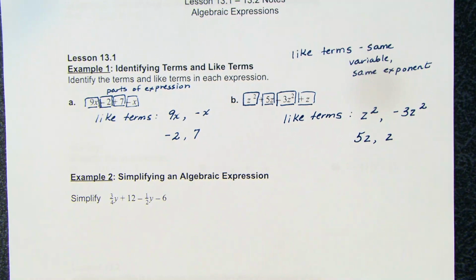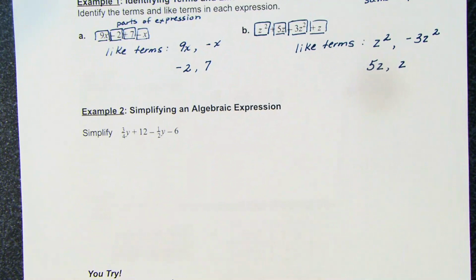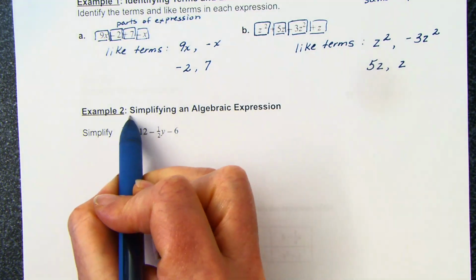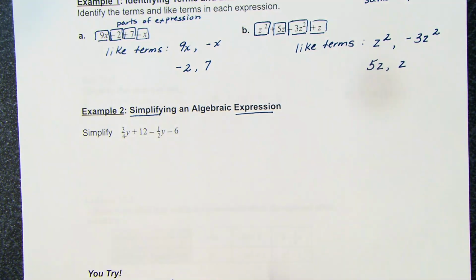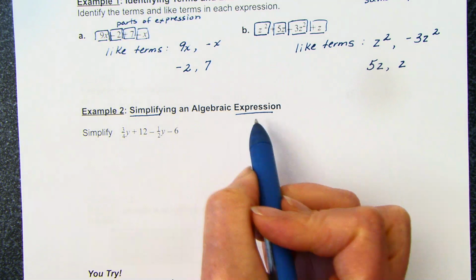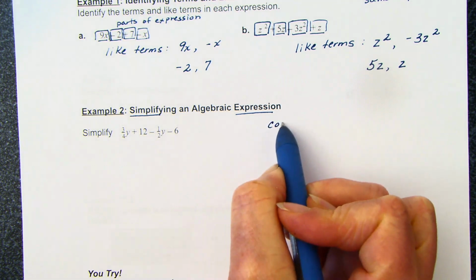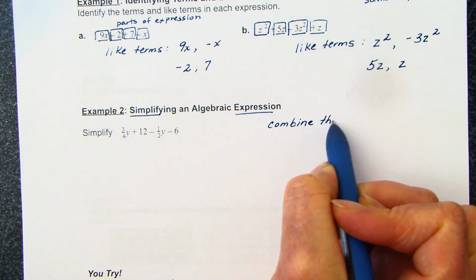Okay. And then we move into simplifying an algebraic expression. You simplify expressions and you solve equations. Okay. So to simplify an expression, we're going to combine the like terms.